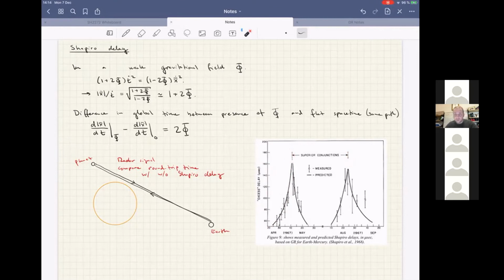So it's essentially where you have Mercury behind the sun. So what you see is that it goes up as this planet, Mercury, moves closer to the sun, and then when it comes out on the other side, it goes down again. So the closer you are, the more effect you have, of course, of the Shapiro effect. And it matches pretty well to the prediction of GR. Of course, you can make this more accurate nowadays as well. But that's the basic idea behind the Shapiro delay.